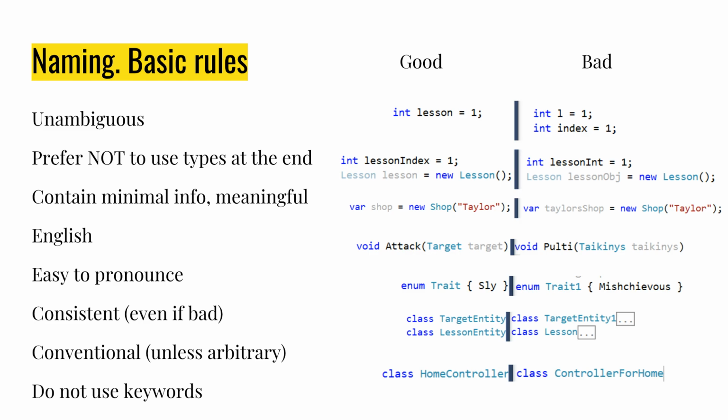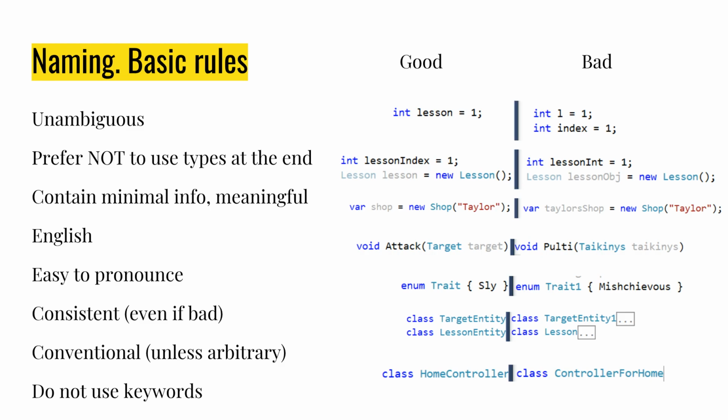So if, let's say, your team says that all entities will have an entity suffix at the end, then you should have that, though the language convention doesn't say it. The worst thing would be that in some places you do add the entity suffix and in other places you don't. Being inconsistent is the worst thing you can do.